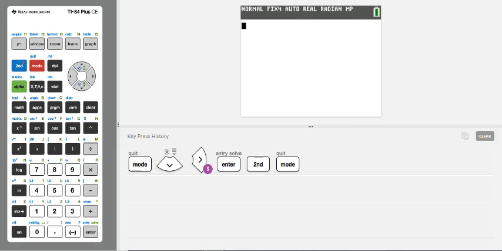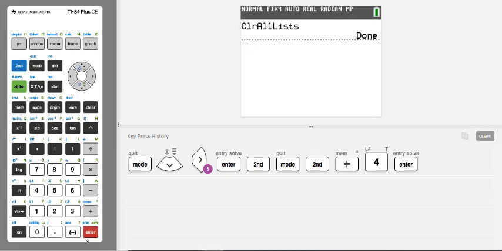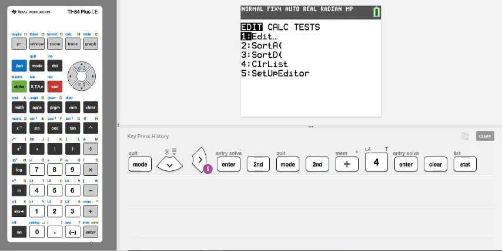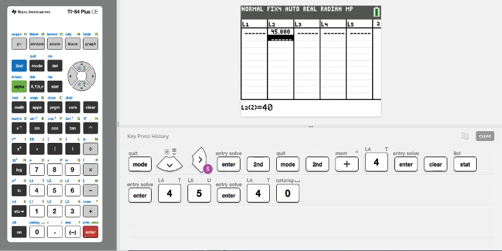We're going to do a linear regression, so we need to clear our L1 list and L2. So second plus, number 4, enter. Okay, I'm going to hit clear again to get that out of the way. Stat, edit. Now we're just going to type numbers in, guys. So top one's 45, enter. 40, enter. 32, enter.